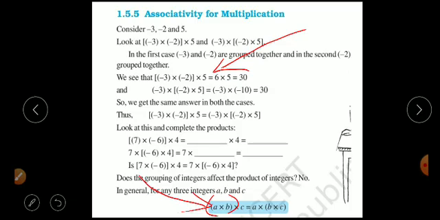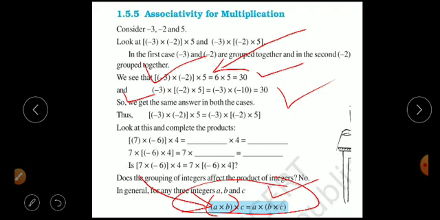Same here, (minus 3 into minus 2) into 5. So what is the result? 6 into 5 equal to 30. Now we can do the right hand side, minus 3 into (minus 2 into 5), here also comes 30. So the associative property always holds for multiplication.